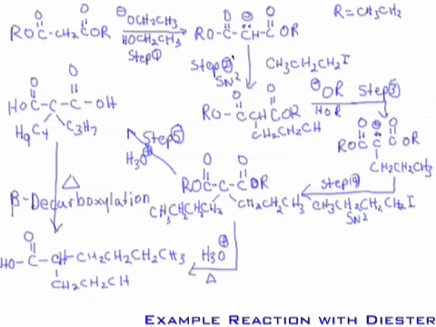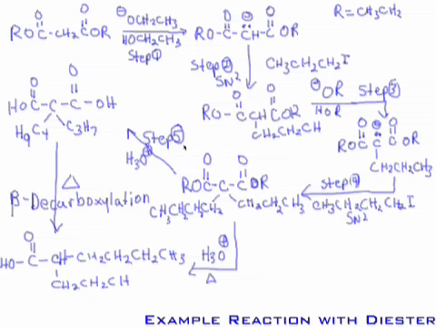Now, I'm not going to look at the hydrolysis step again. We've just covered that. You can look at the hydrolysis reactions. We looked at it in acid chloride chemistry, and anhydrides, esters, amides. This is the hydrolysis of an ester. We've covered this mechanism for step 5. It's in your notes. You can look at it.